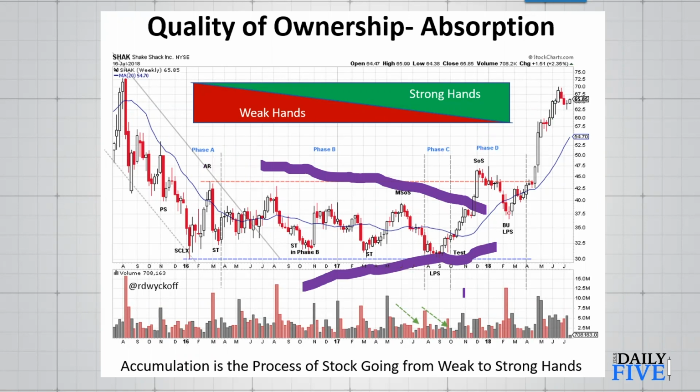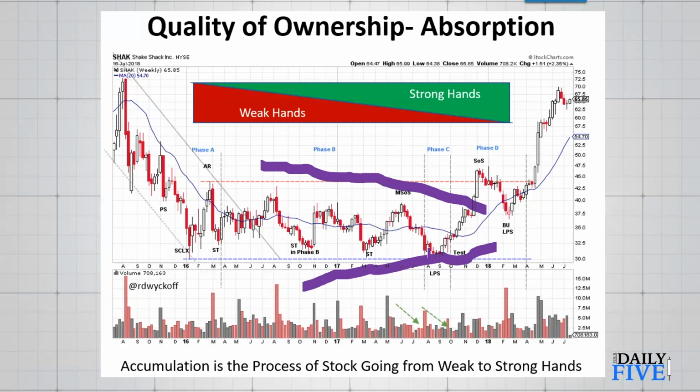This is a supply-demand relationship. Supply diminishes, demand remains relatively constant as the CO carefully buys shares, absorbs shares, supports the market, puts support underneath the stock price as they buy shares.